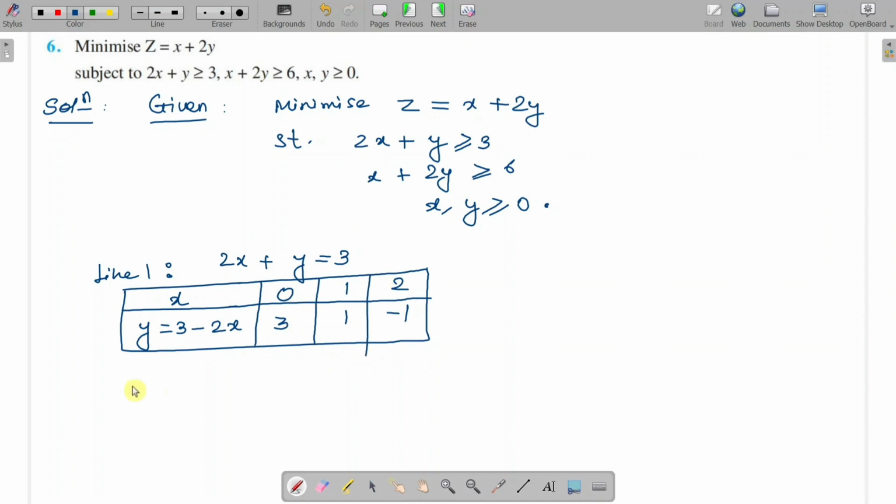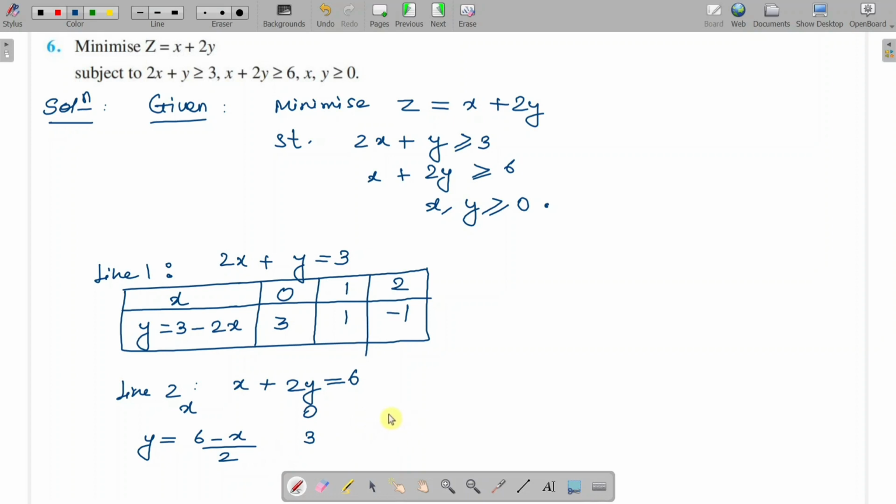Right? Now line 2, let us take. So it is x plus 2y equal to 6. So that means y will be nothing but 6 minus x divided by 2, right? So when x is 0, y is 3.